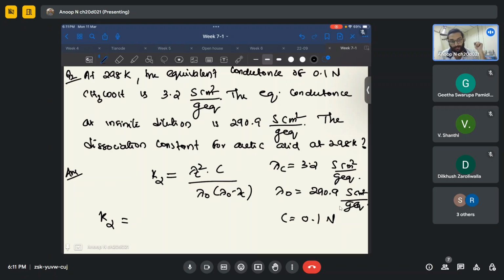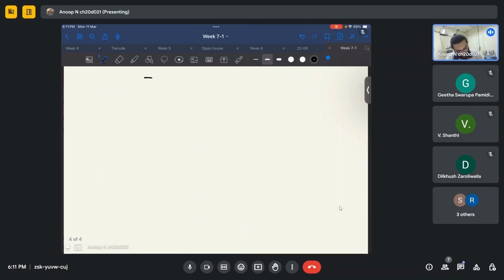So it will be 3.2 square into 0.1 divided by 290.9 into 290.9 minus 3.2. The numerator will be 1.024 divided by 83691.93. So the answer will be 1.224 into 10 raised to minus 5.